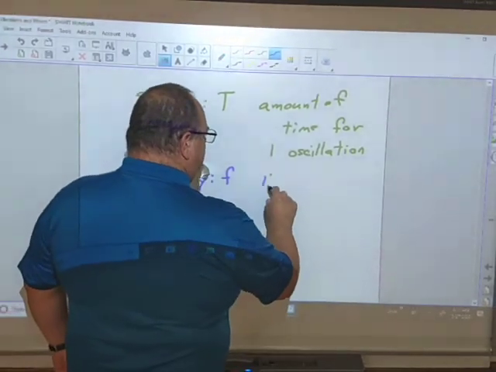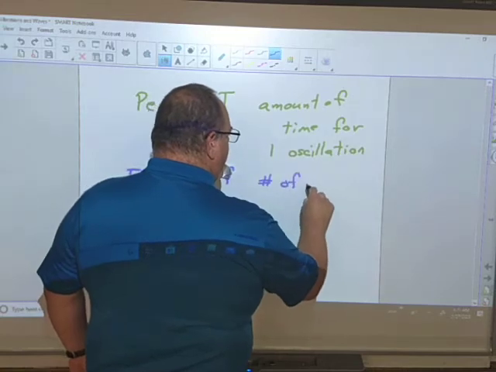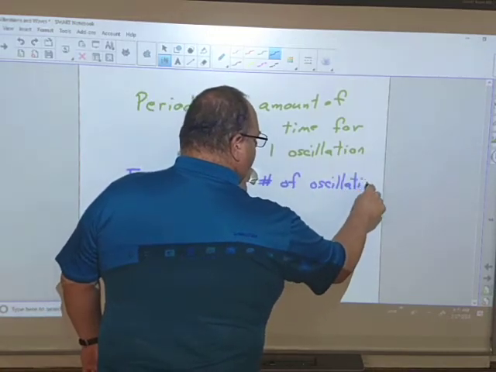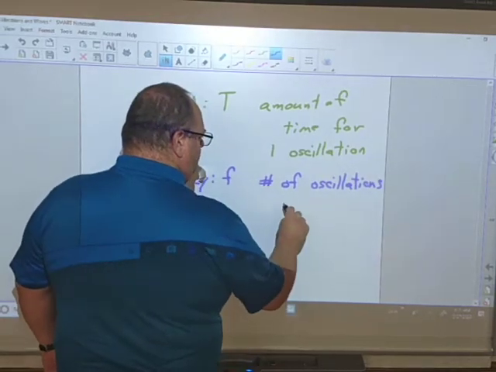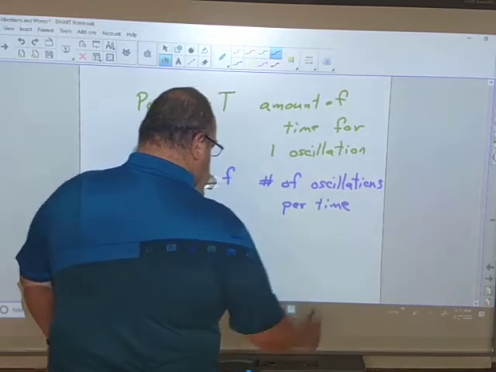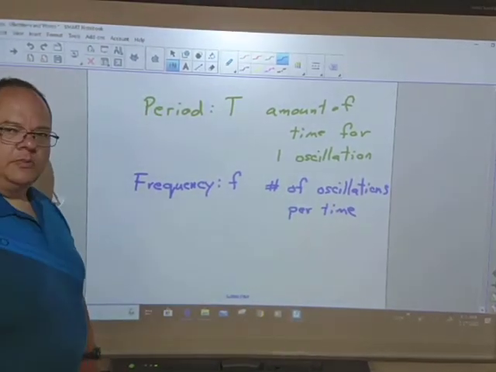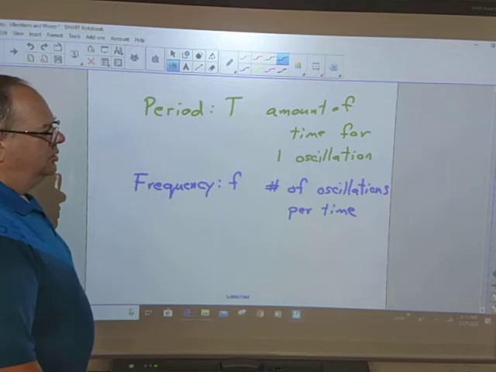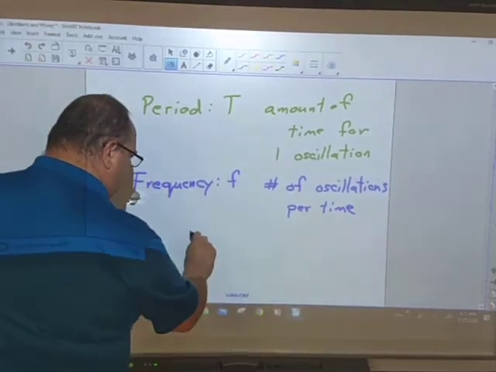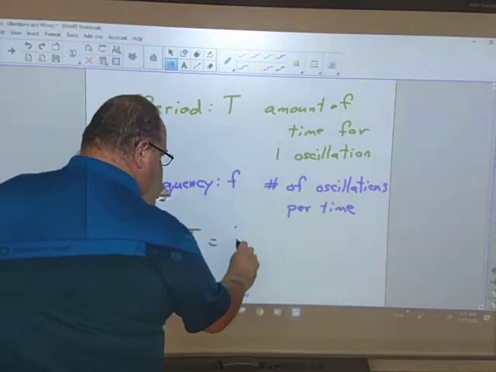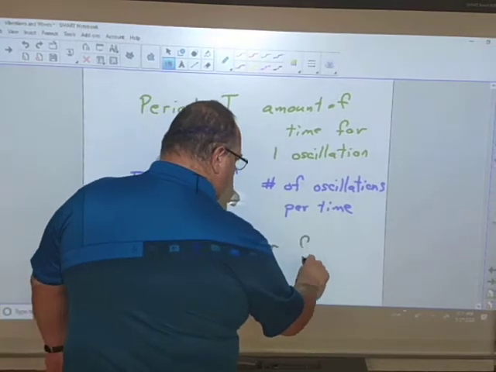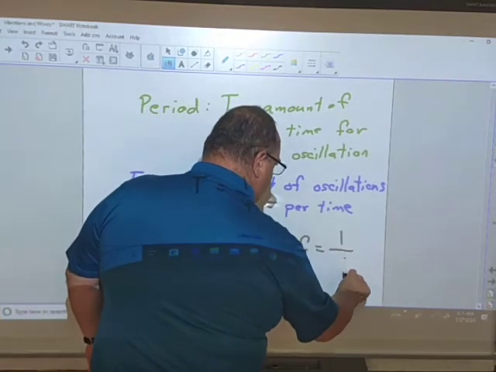This is the number of oscillations per time. They're reciprocals of each other. So what we have is period is 1 over frequency, or frequency is 1 over period.